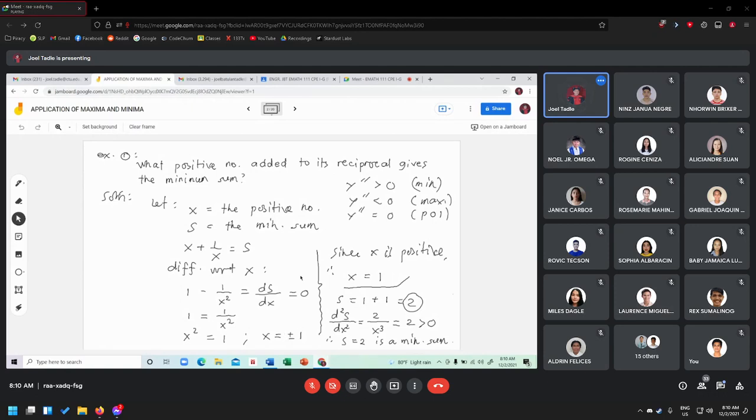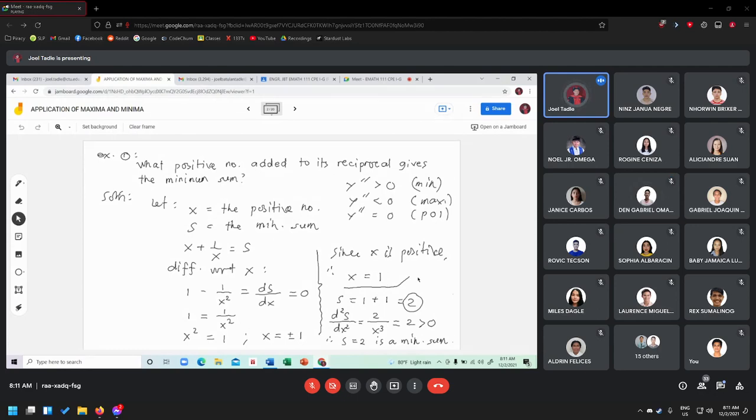Now, since we are asked here the positive number, we got two values of x, positive and negative 1. We have to discard the negative 1, then we'll use the positive 1 since x is positive. Do you get it? Yes, sir.